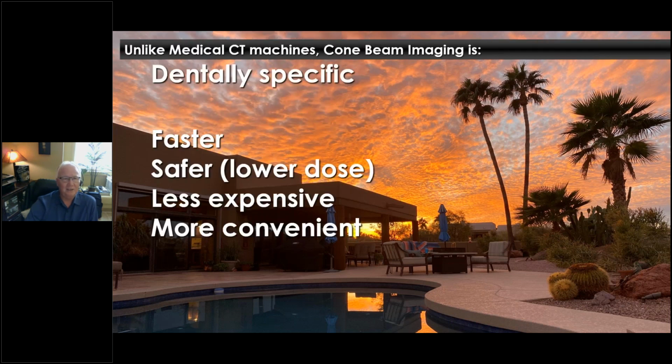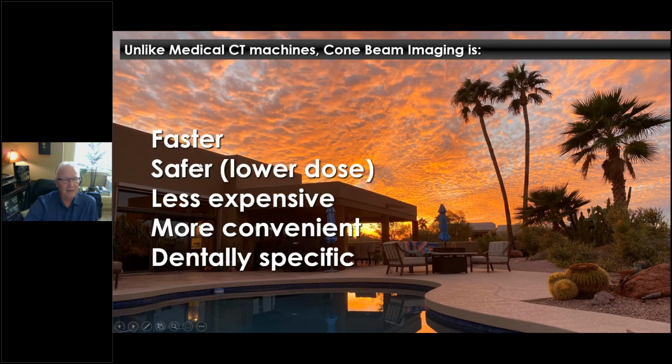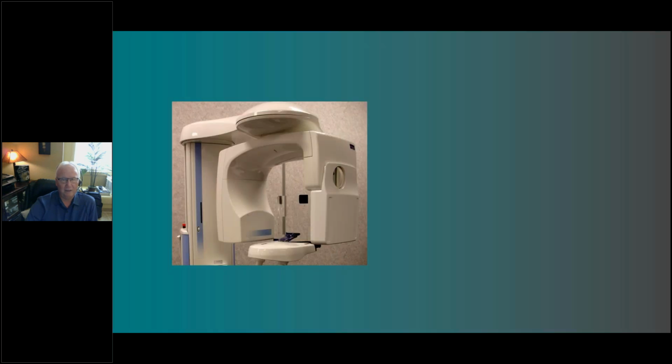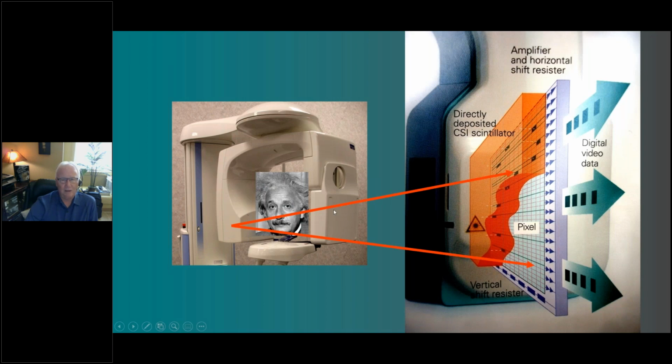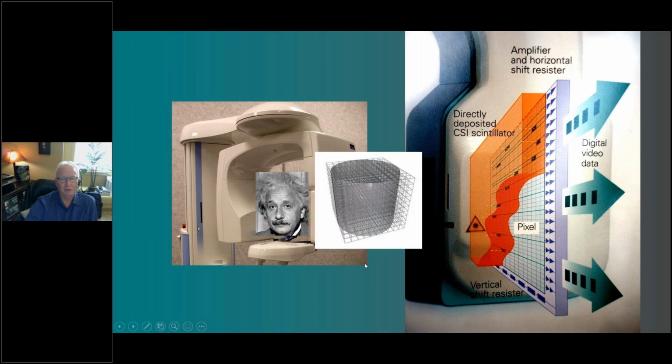But unlike medical CT, cone beam is faster, safer, less expensive, of course, more convenient and dentally specific. And for us, that's amazing because you can do some tremendous things. You put the patient in any scanner, you have a detector over here, the source over here, x-rays go through the patient, and they capture, in this case, as it rotates around, a cylinder of data.